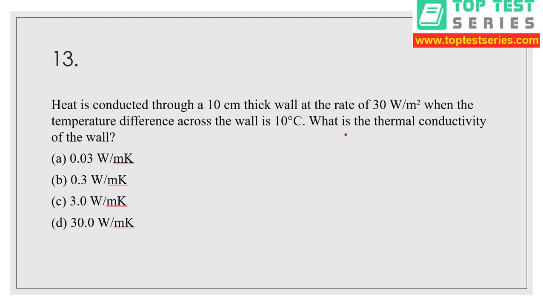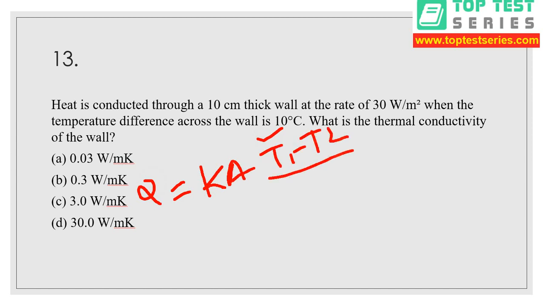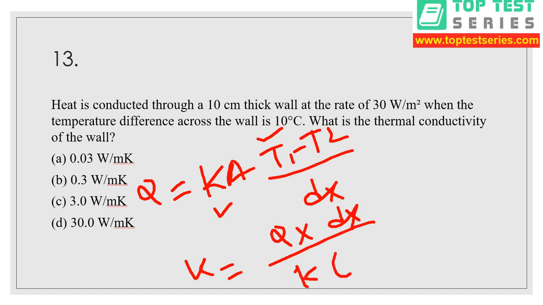So again we can say that, my dear, temperature difference we have given. Q is equal to KA (T1 minus T2) by dx. We have to find out thermal conductivity. Therefore K is equal to Q multiple dx by A multiple (T1 minus T2).